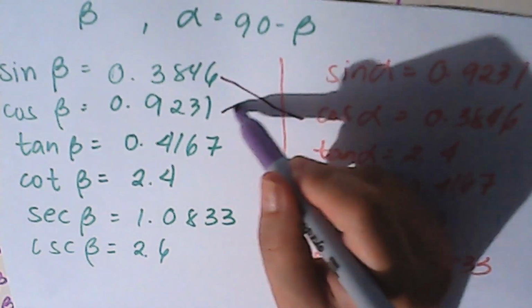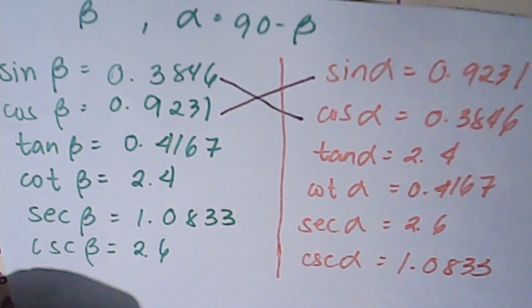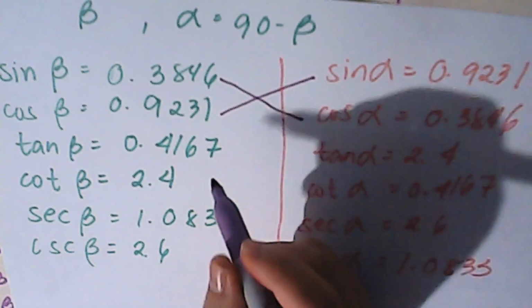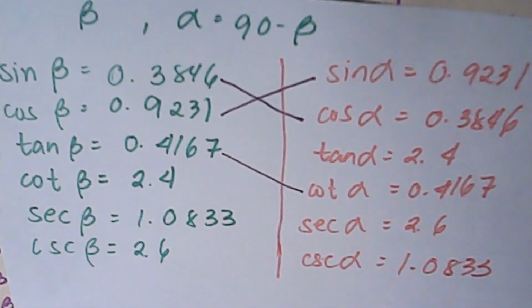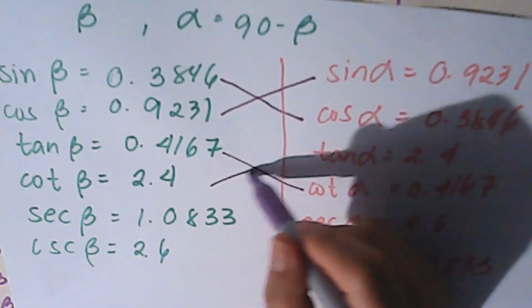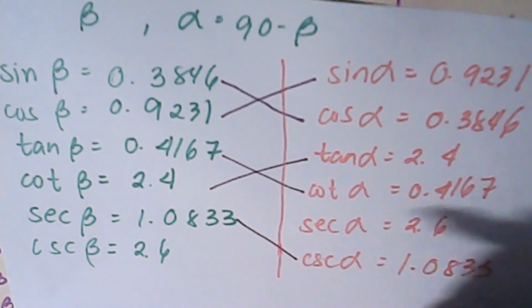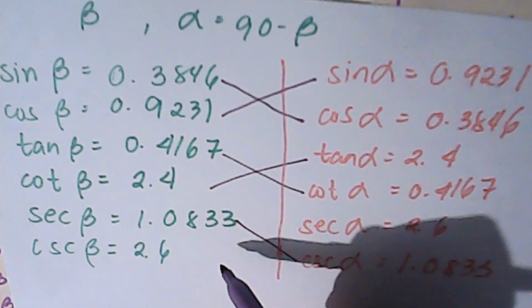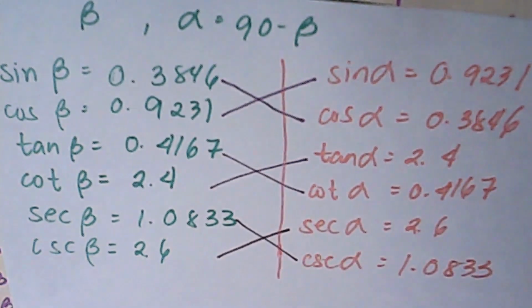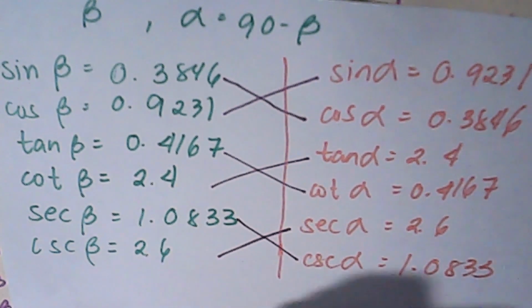Cosine beta is equal to sine alpha. Tangent beta is equal to cotangent alpha. Cotangent beta is equal to tangent alpha. Secant beta is equal to cosecant alpha. And cosecant beta is equal to secant alpha.